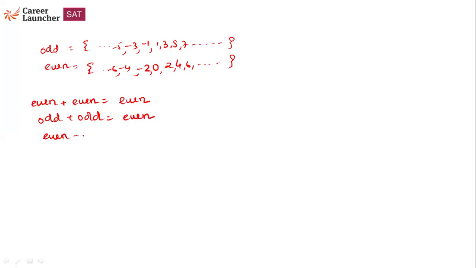And what is even plus odd? Odd. So even plus odd is always odd.